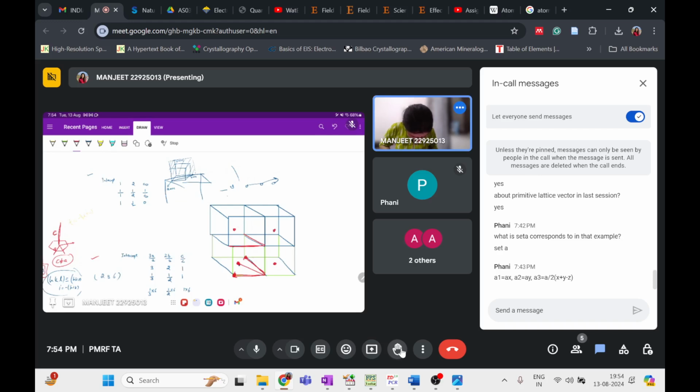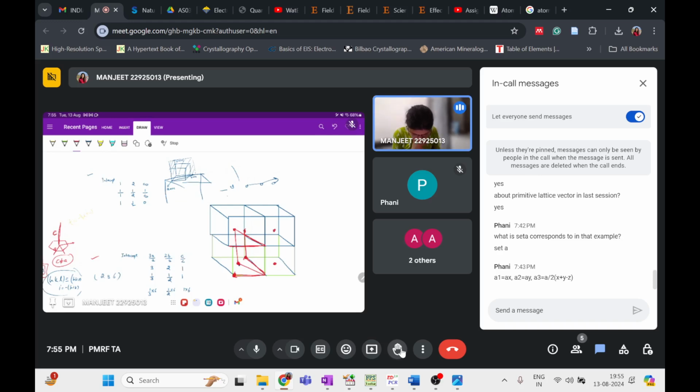Where am I heading? No. Okay. This way, and let's say this is this atom.